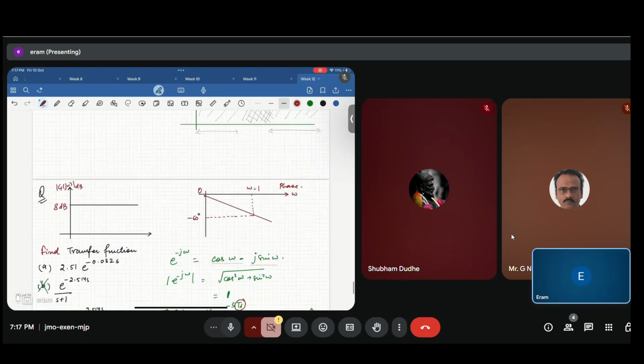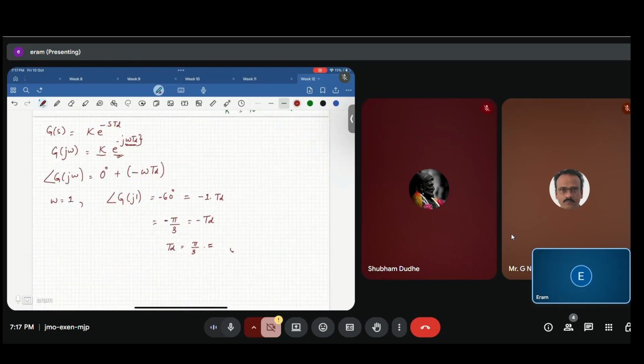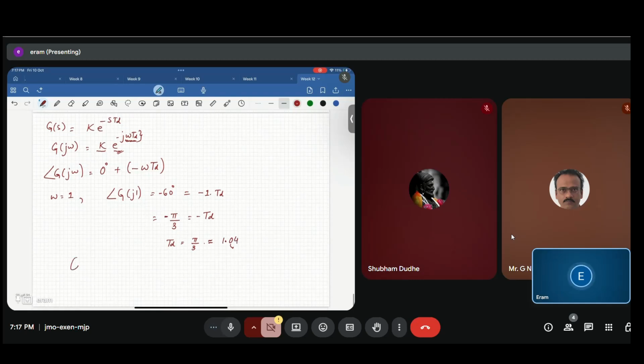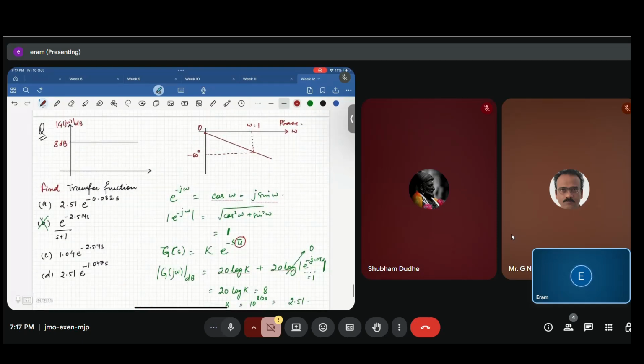Okay, so you can write it as 1.04. So what will be G of s? It will be 2.51 e to the power minus s into 1.04. So this is the transfer function for which the Bode plot is given to us. The correct option is D.